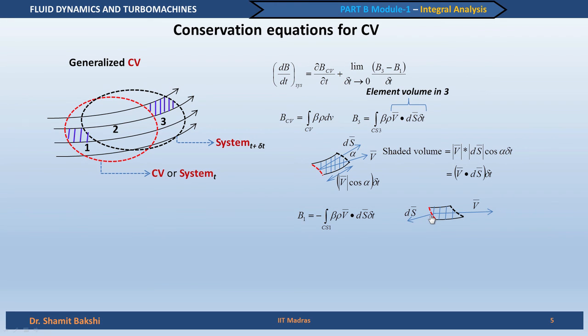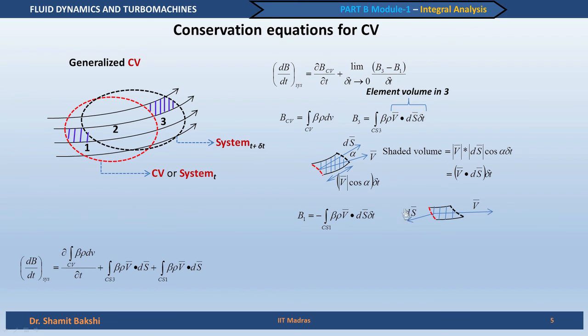This is true for all the regions of the control surface through which the fluid is coming into the control volume. So, if you do a V bar dot dS between these two vectors, it will be negative because the angle is more than 90 degrees. To compensate for that, this negative sign is introduced.